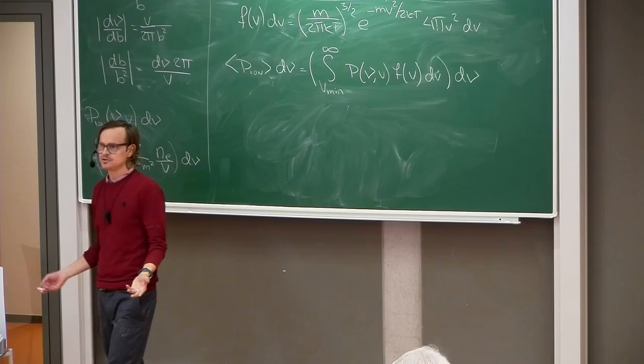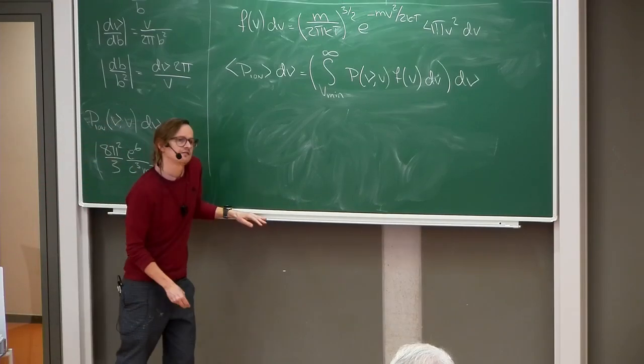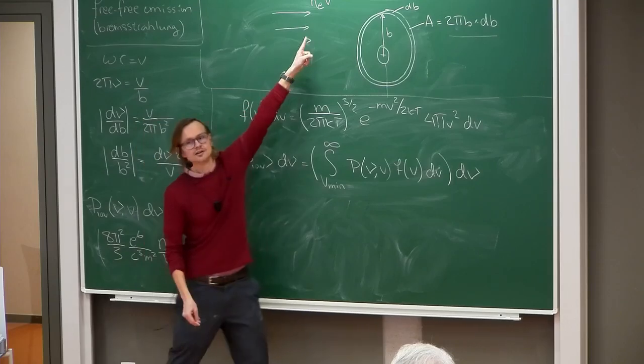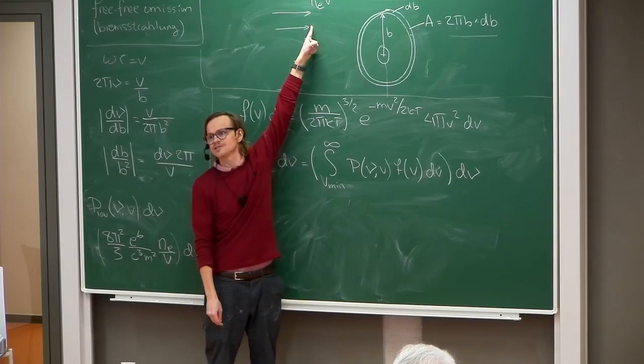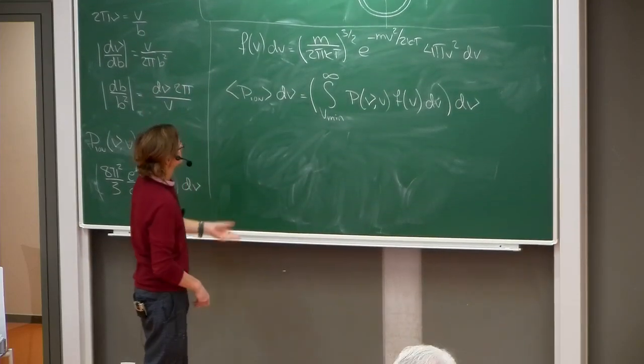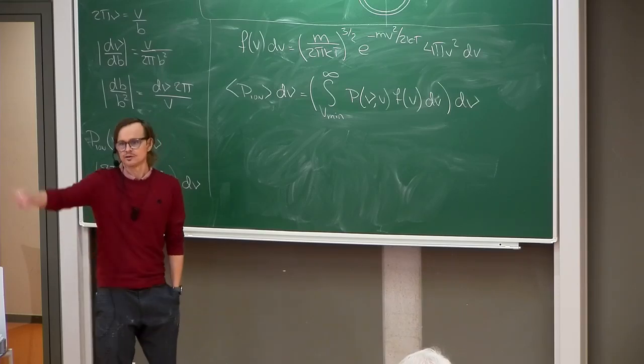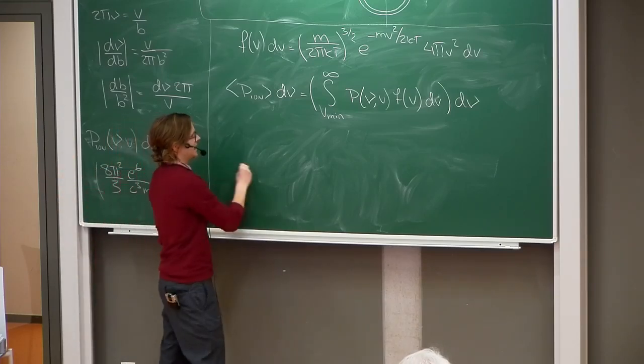Technically, you could imagine integrating from 0, but if the electrons don't move, v equals 0, then nothing is really happening. This is essentially set by them delivering all their kinetic energy.